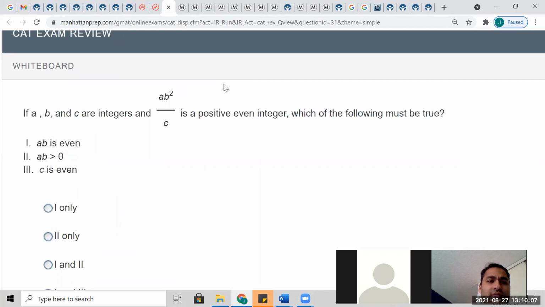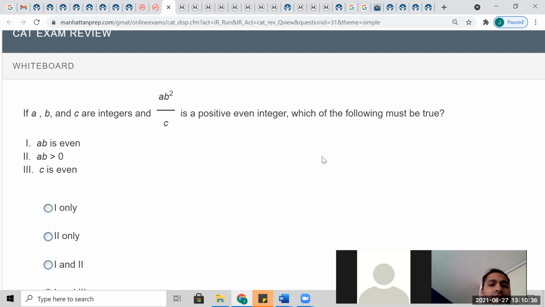A, B, and C are integers. A, B square by C is a positive even integer. Which of these must be true? A, B square is a positive even integer. So the following must be true: A, B is greater than 0.